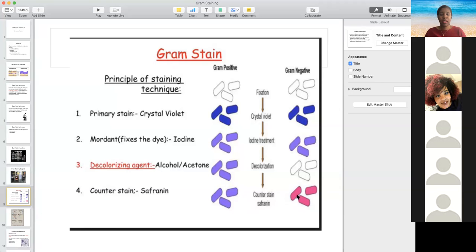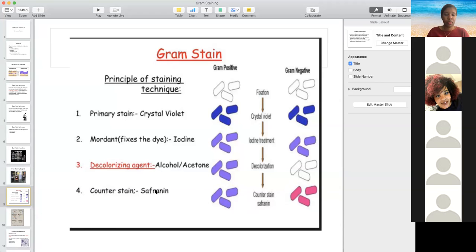So safranin is what we call a counter stain. The primary stain, crystal violet, is removed by the decolorizer, and then we add safranin, so the cells are going to end up pink instead of purple.